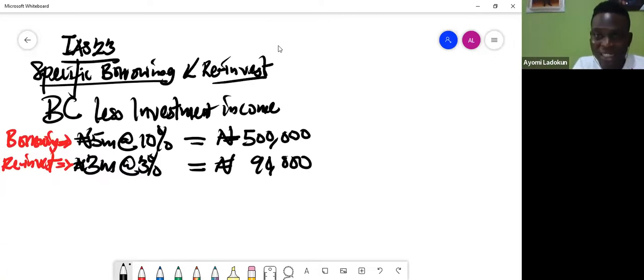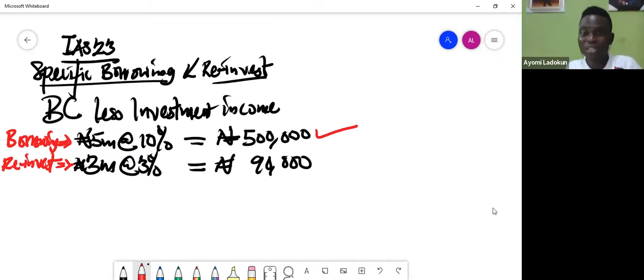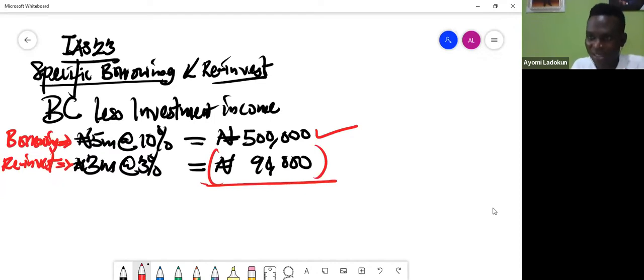Now, what the standard is saying is that the borrowing cost that will be capitalized will be the actual borrowing cost. In this case, what is our actual borrowing cost? If I did not reinvest, I would have capitalized this 500,000. But because I reinvested, the borrowing cost to be capitalized will be the actual borrowing cost, in this case 500,000, less investment income. So I should remove this 90, and when I remove it, it gives me 410.